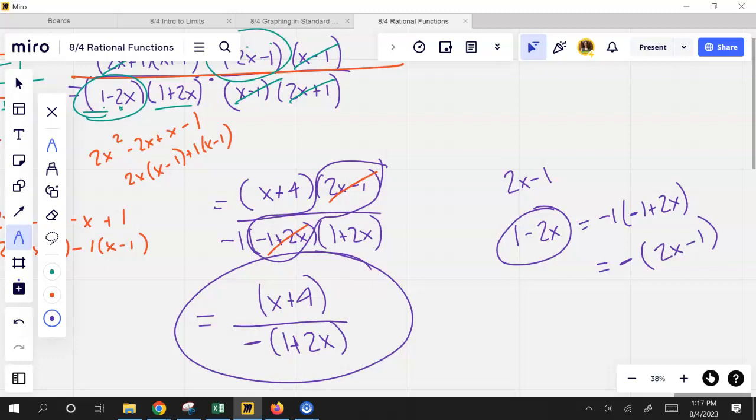They're just negatives of each other. They're the opposites. I guess they're not exactly the same. Does that make sense? So that negative is going to stay in the problem, but I can cancel those factors out that way.